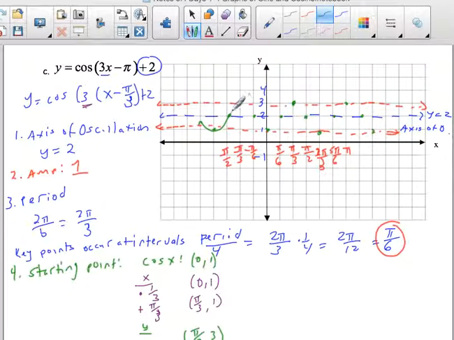And then I'll connect them with a nice smooth curve. And we'd like to try to graph at least 2 cycles. And so this is our graph. Make sure you put arrows on each of the ends to show that the graph continues.